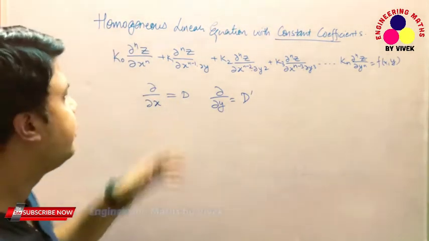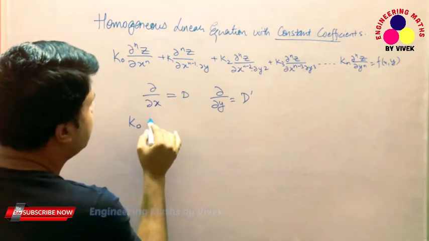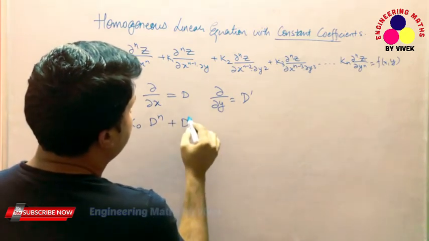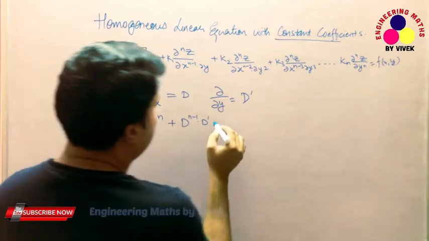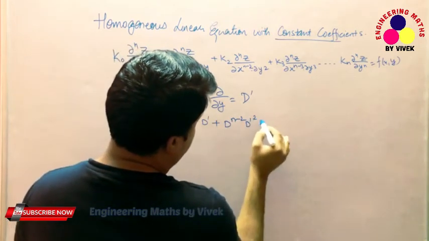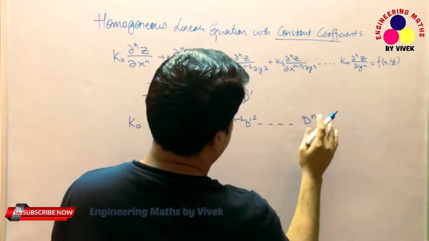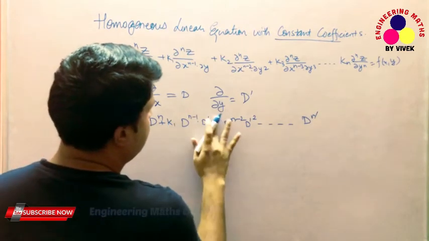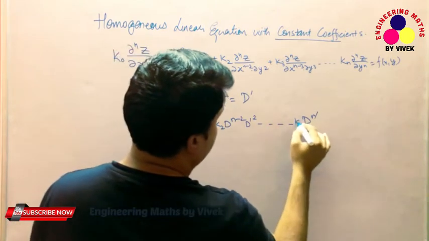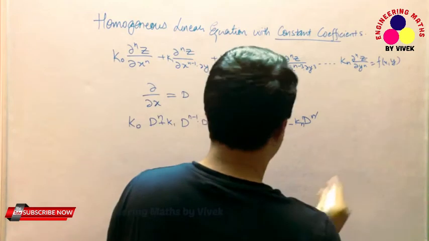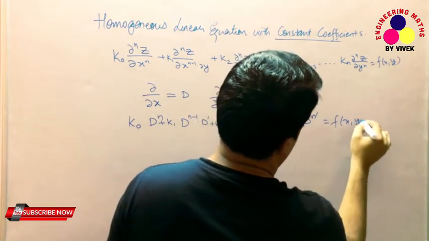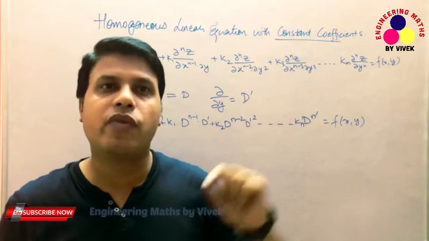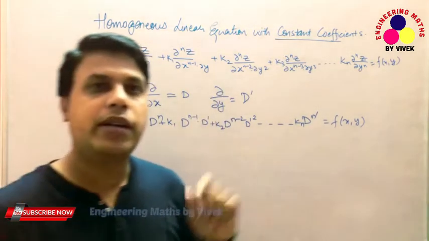So what we can say, this particular equation can be written in this format also, because I have replaced del over del x by D and del over del y by D dash.